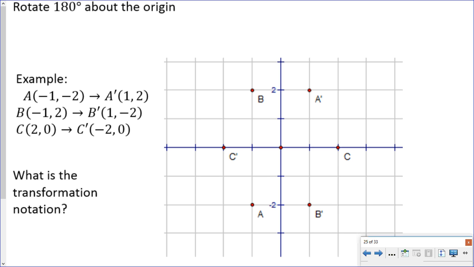Okay, and then if you see here, the distance from here to A is the same as the distance from here to A prime, and we've gone 180 degrees. This would be positive 180, and if we went this way, this would be negative 180. Oops, I'm going the wrong way here, hold on. Got them switched around.